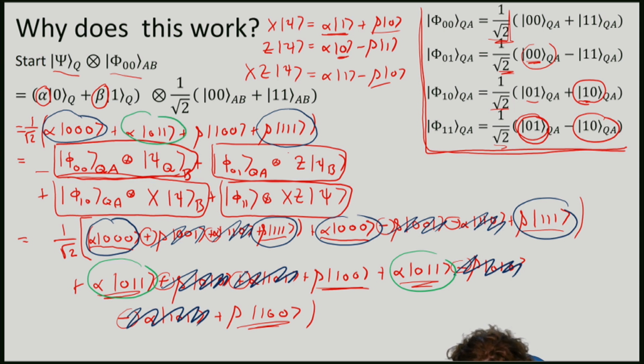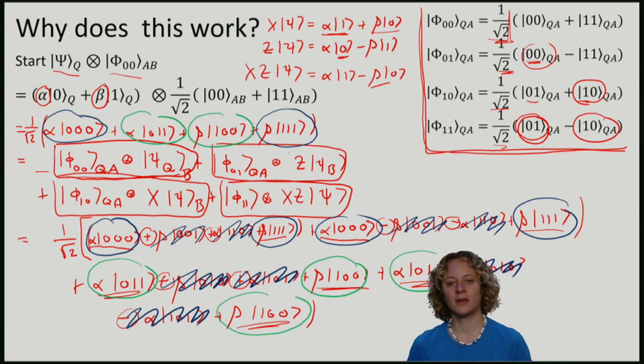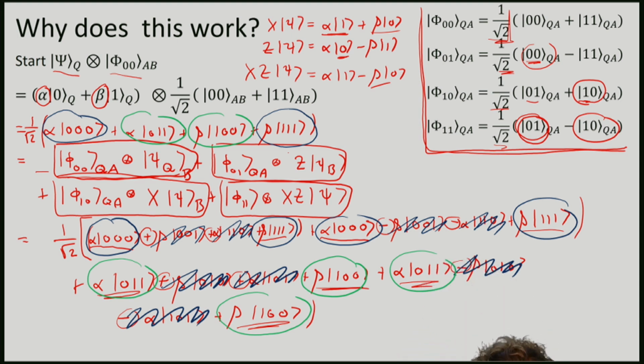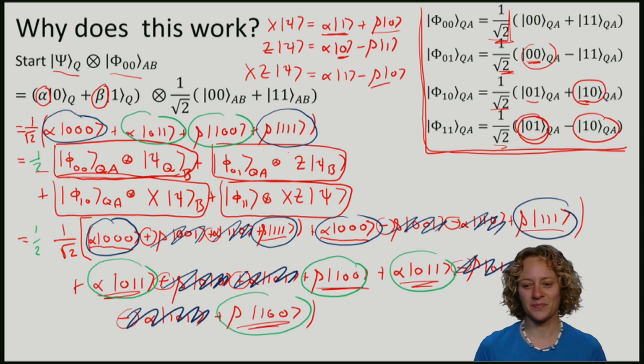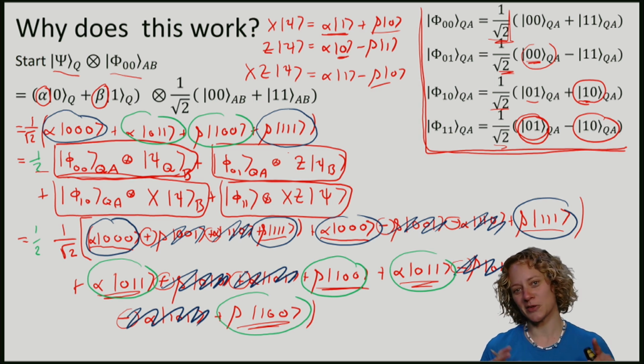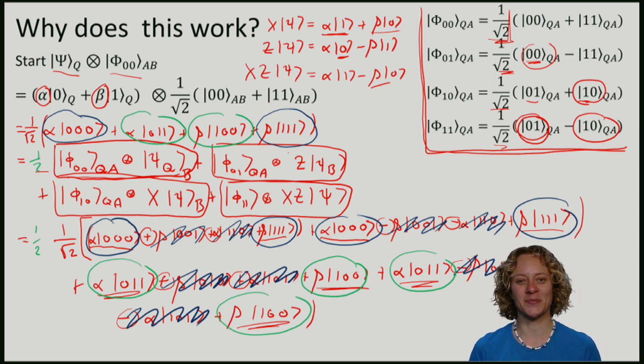And here I have beta 1 0 0, which was the term here. So you can see that if I now normalize this properly, we end up exactly with the same expression that we saw before. So you've now become an expert in quantum teleportation.